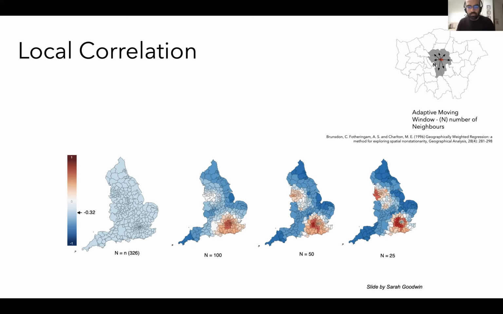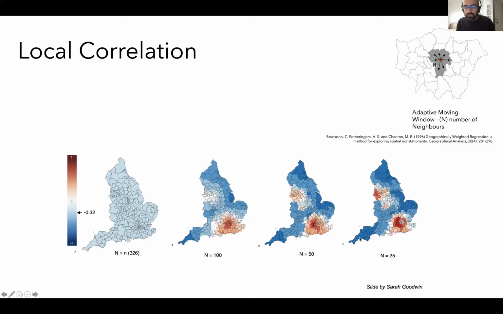at different levels. What we are seeing here is that as you increase the locality of this measure, around London the relationship is very different. There's a very strong correlation between the two variables.